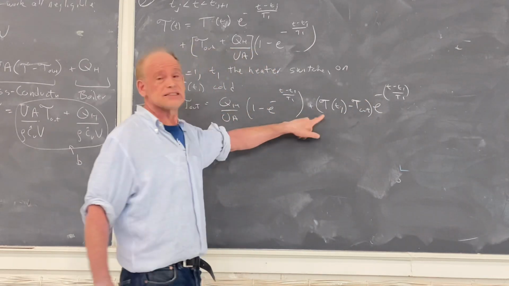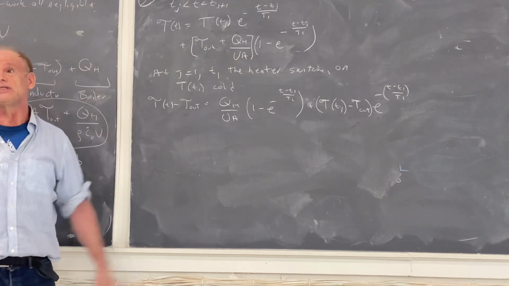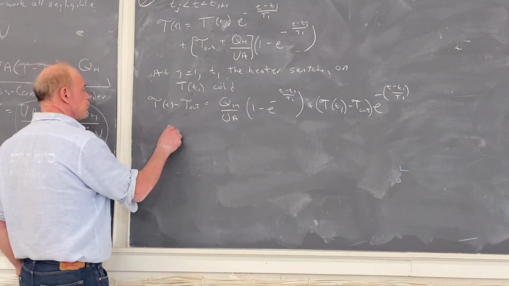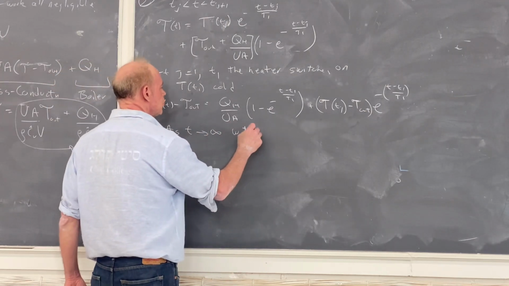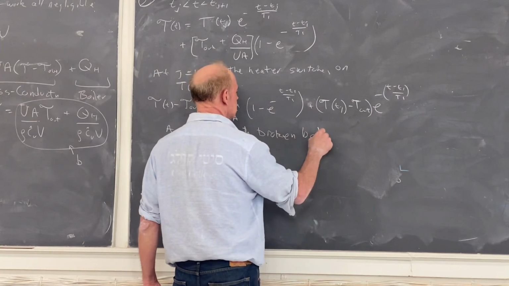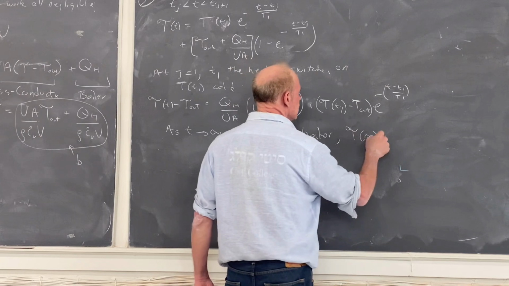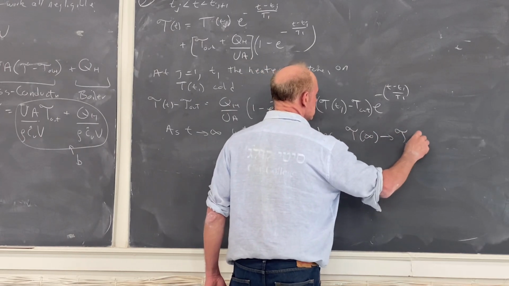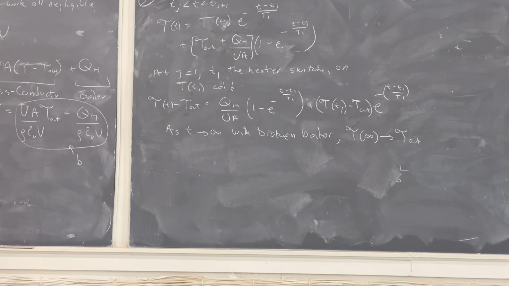So the whole right-hand side is 0. That tells me that T minus T out is 0. So as T goes to infinity, with a broken boiler, then T of infinity goes to T out. Which makes perfect sense. If the boiler's broken, then eventually the inside of the house is the same temperature as the outside of the house.